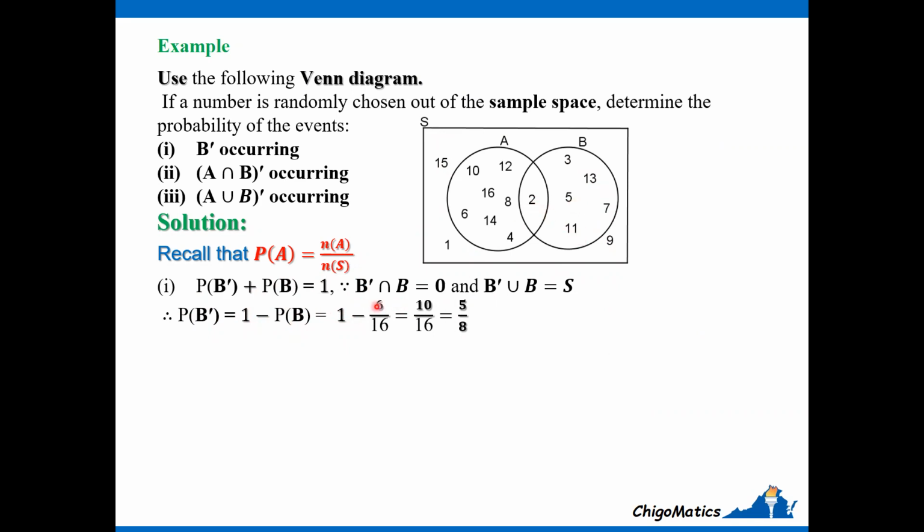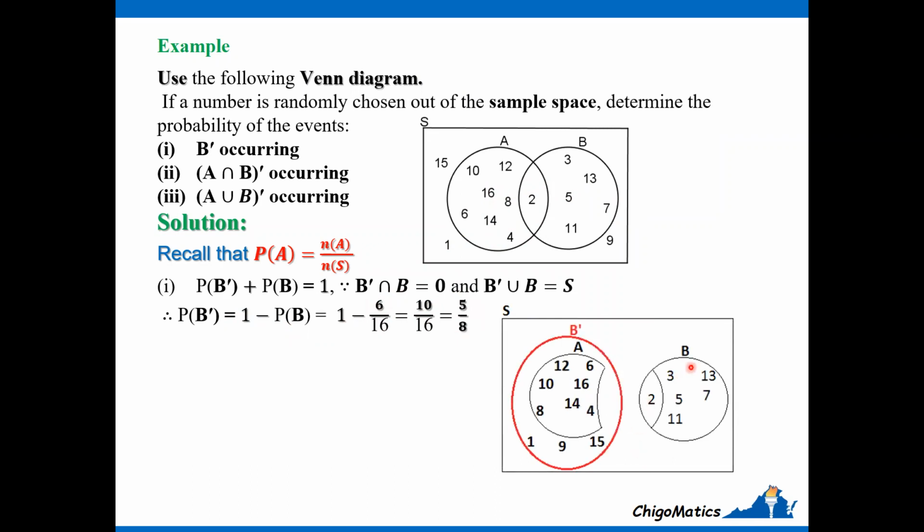And we have this 6. What is the possible outcome? These numbers reach 1, 2, 3 up to 16, so they are 16. So it's 1 minus 6 over 16, which is 10 over 16. After simplifying, it gives you 5 over 8.